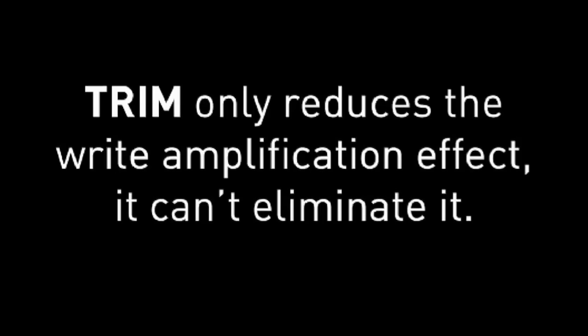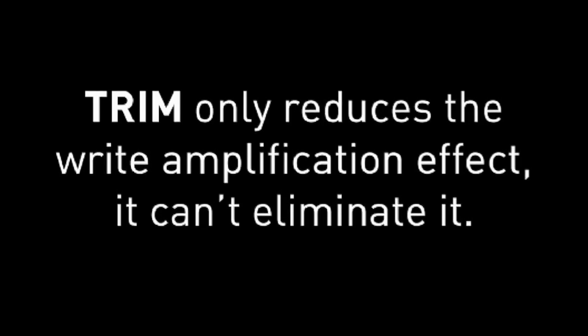So if the entire erase block is marked as unused, we can avoid the garbage collection compaction process because there's no fragmentation. Otherwise, trim will speed it up a little bit. Trim can only reduce the effect of write amplification. It can't eliminate it.